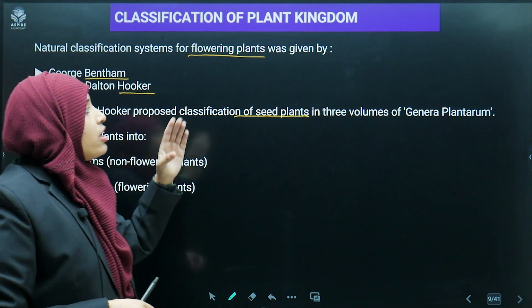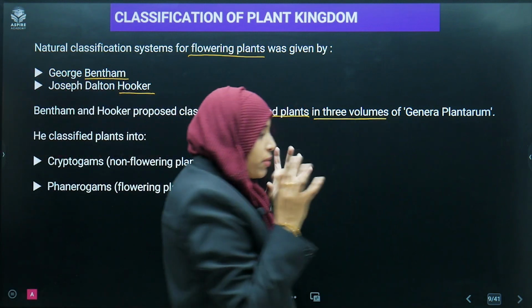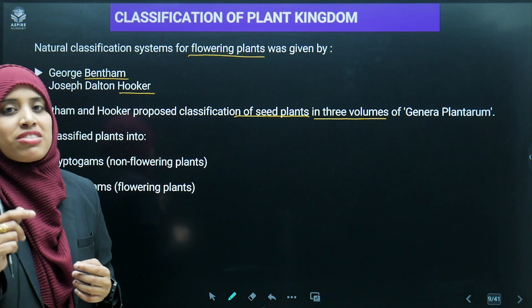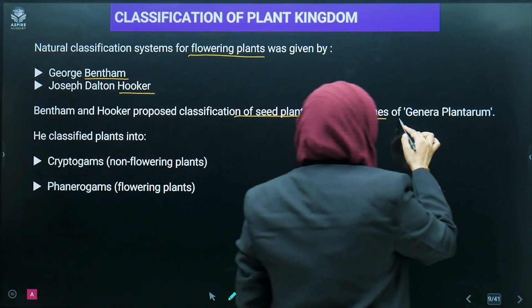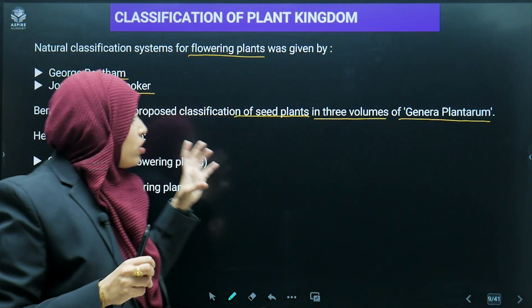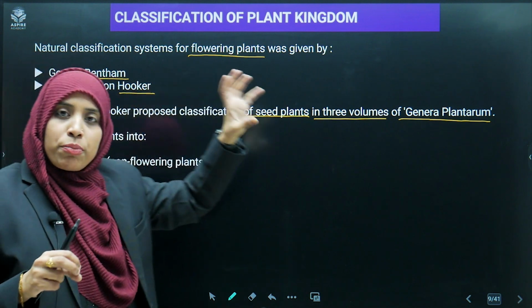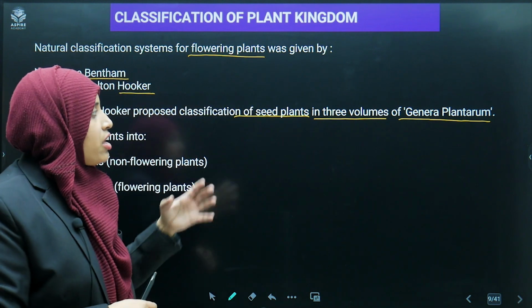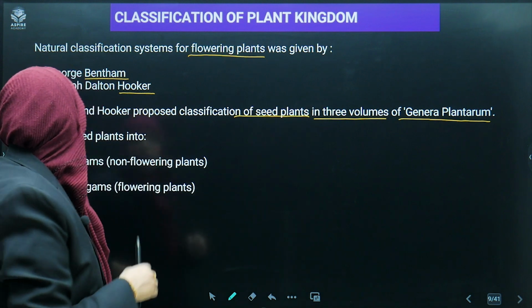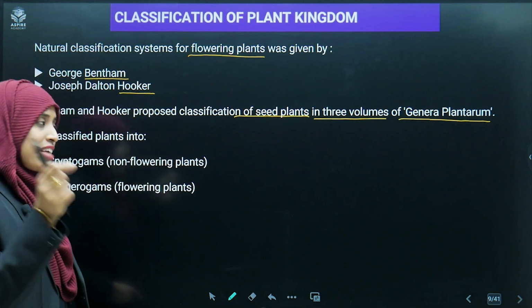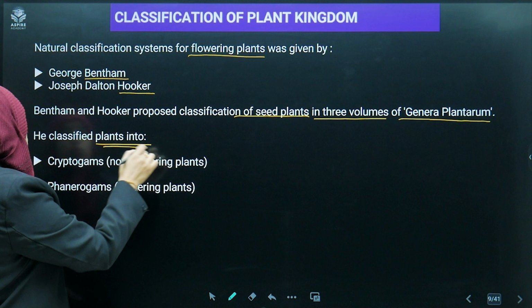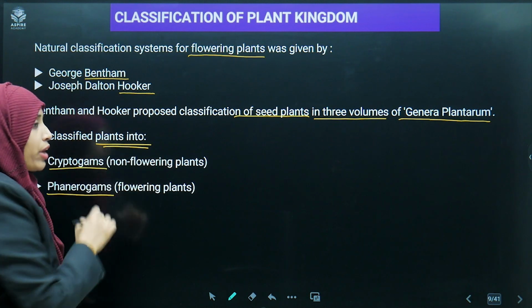Okay, and in the 3 volumes, so this classification was published in the book that is Genera Plantarum. ठीक है, so उन्होंने जो book publish किया था उसमें पूरे in detail the classification they have given, Genera Plantarum. Now, they also classified the plants into cryptogams and phanerogams.